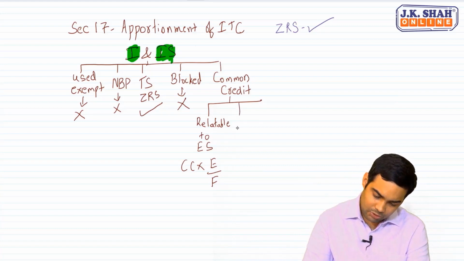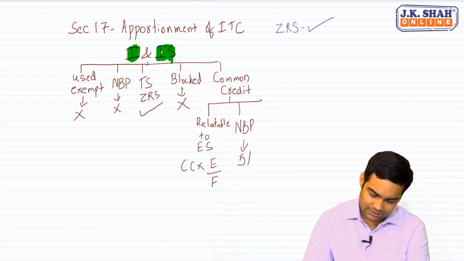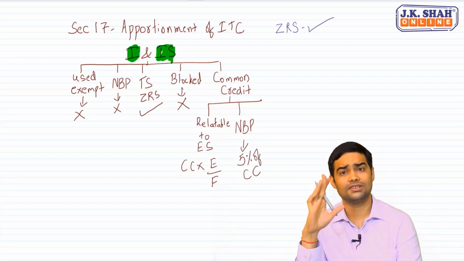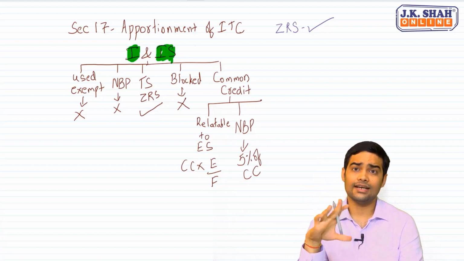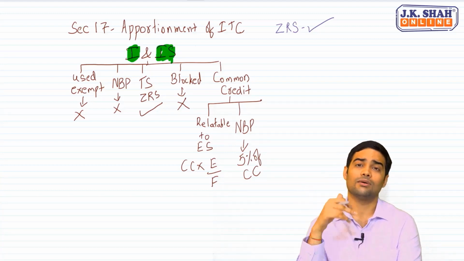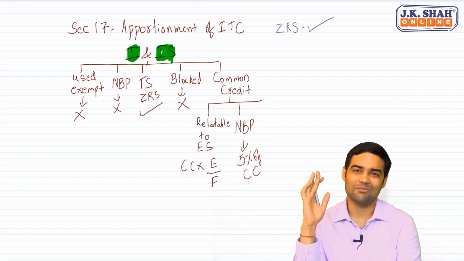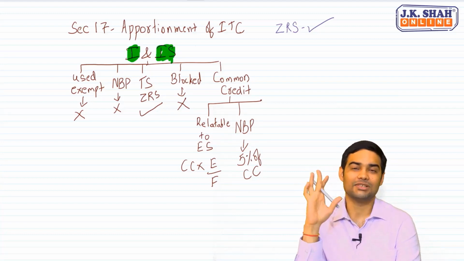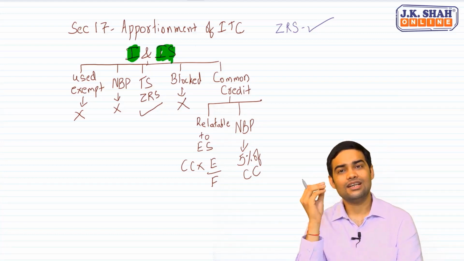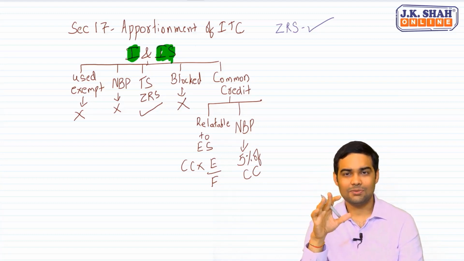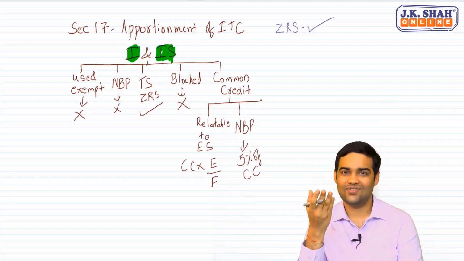Then say suppose it is used for non-business purpose as well. You have to do a reversal of 5% of common credit. But do this non-business purpose reversal only when question clearly says that there is a usage towards non-business purpose. Don't apply it blindly on all the sums. Only when question specifies. If question clearly says how much is non-business purpose, then apply that, then don't use this 5%.